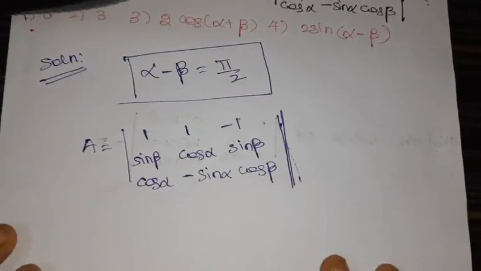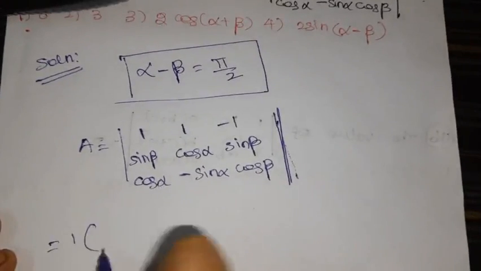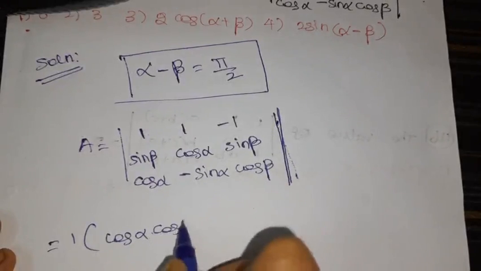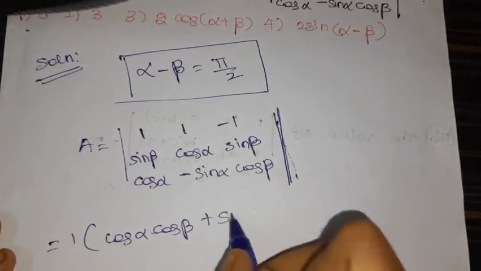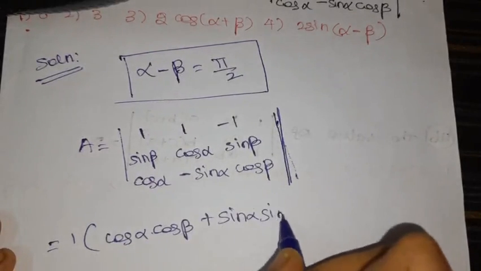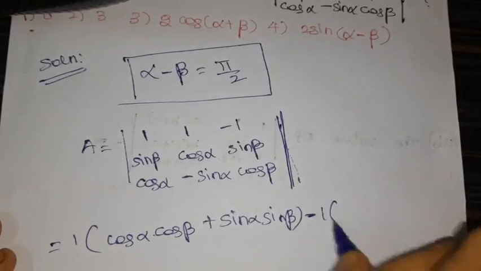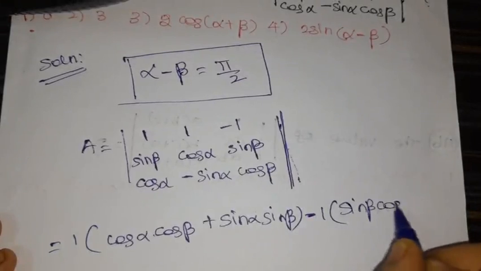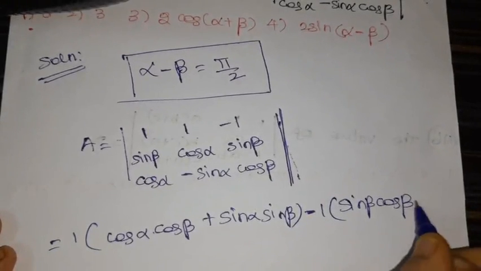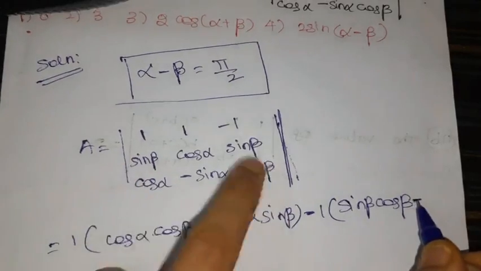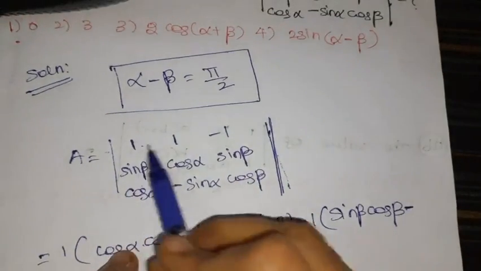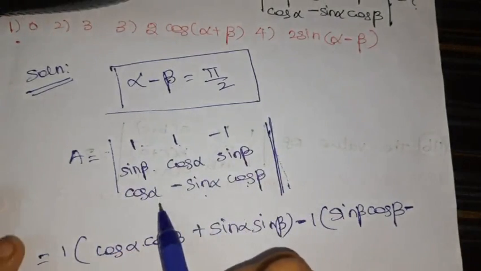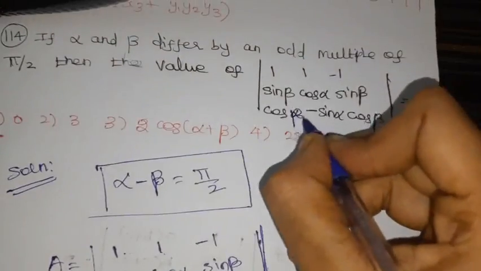Here just expand the determinants. Cos alpha cos beta, minus into minus plus, sin alpha sin beta. Here minus 1 into sin beta cos beta, and minus cos beta sin beta.